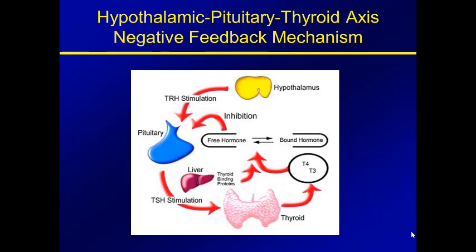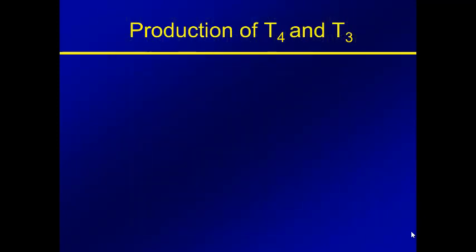As you know, the hypothalamus secretes TRH, thyrotropin releasing hormone, that stimulates the anterior pituitary gland to give TSH, that stimulates the thyroid gland to give T3 and T4, which are actively present in the blood in free and bound form and go to the target organs.